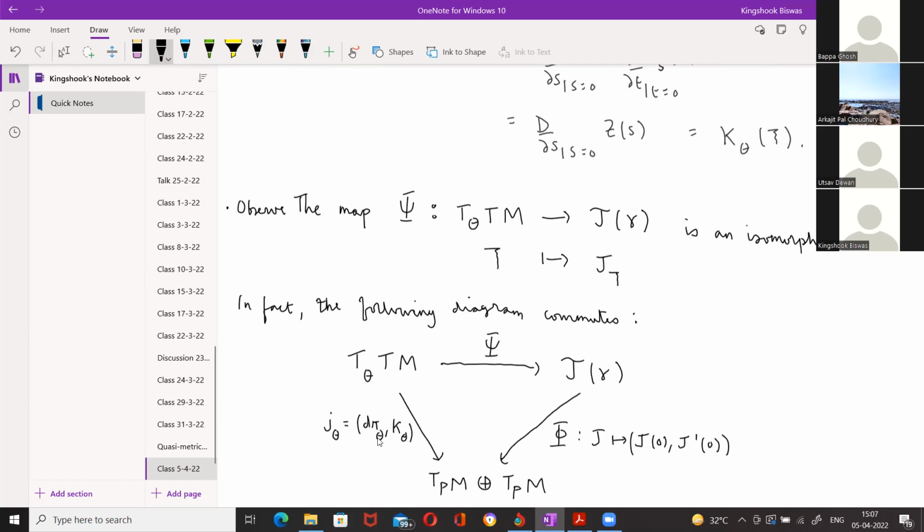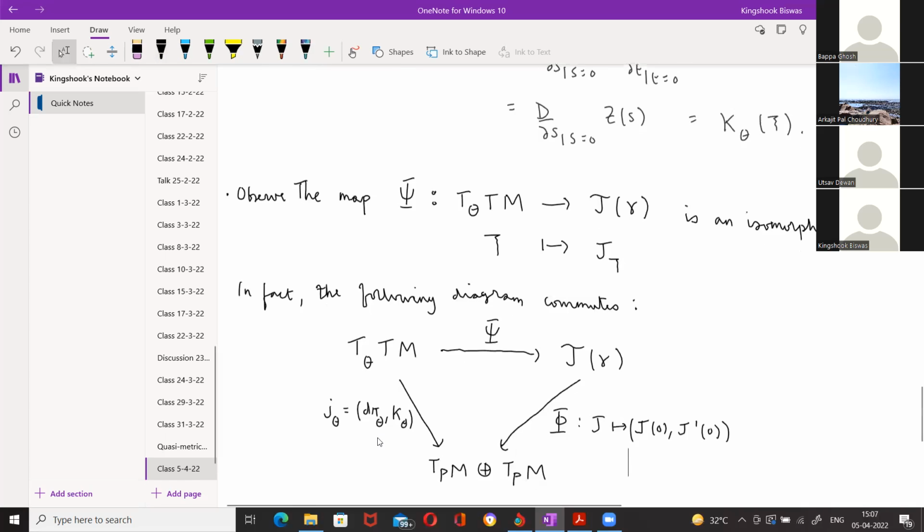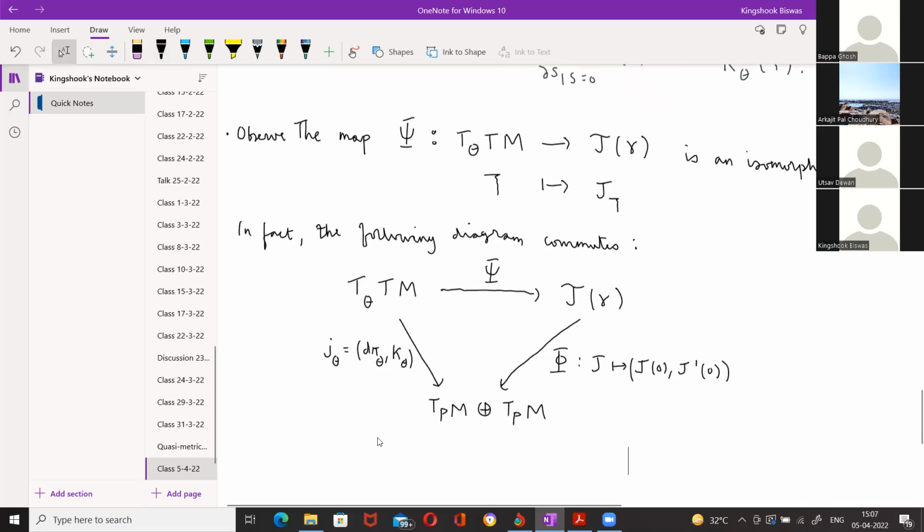Is this clear? Is it clear to everyone? This diagram commutes?